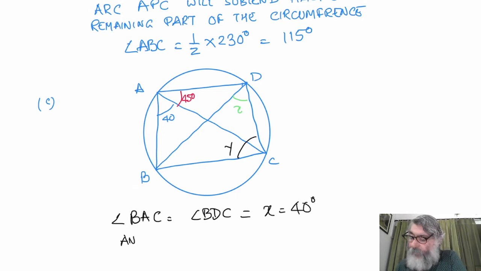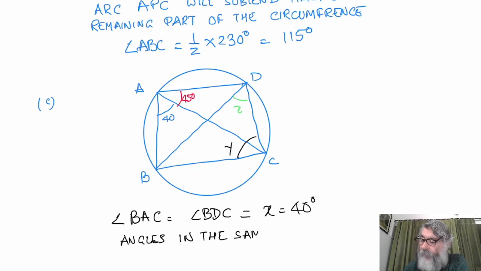I don't have such a big board to write, so I write the reasons below the line, but you can write on the side. Angles in the same segment of a circle are always equal. So the value of x has come out to be 40.